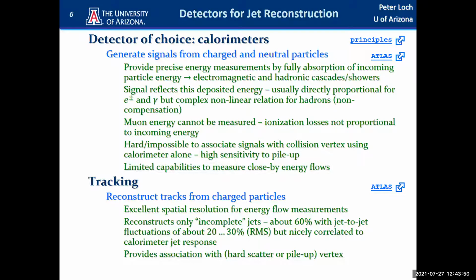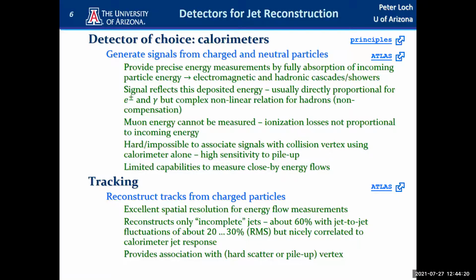The good thing, on the other hand, is that whatever the tracks measure in terms of track momentum can be very well matched to the calorimeter jet response. The ratio of these two is often a very good indicator, for example, to validate calibration in the calorimeter. We will come back to this when we talk about jet calibration in ATLAS.